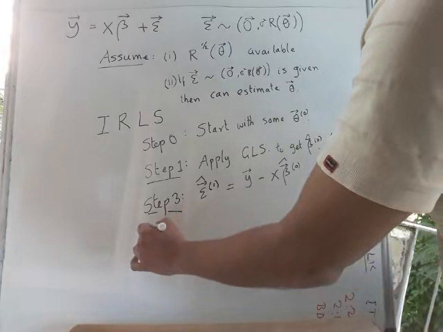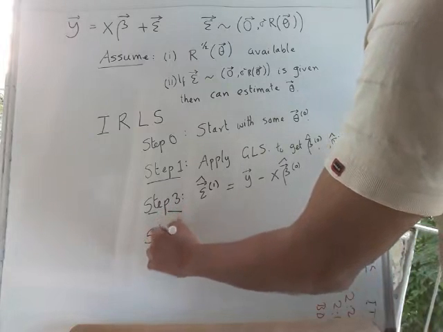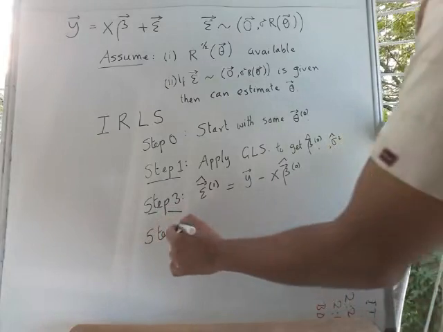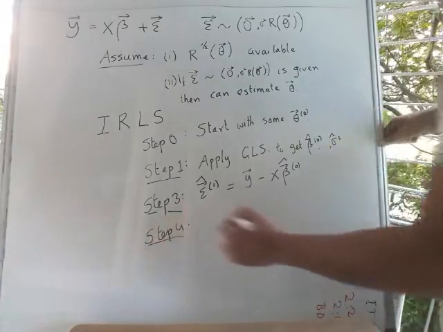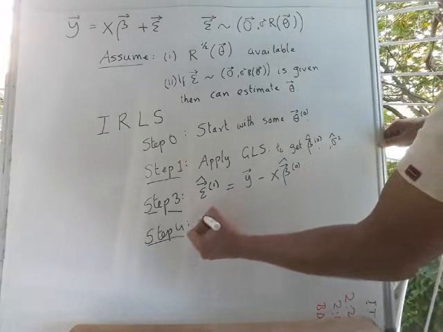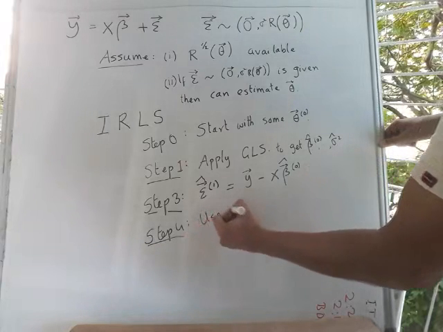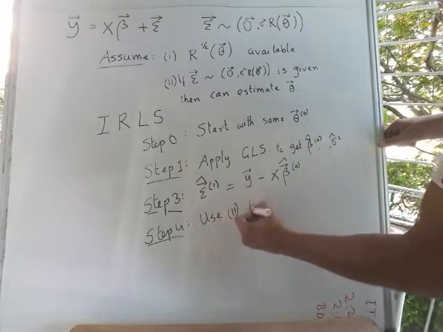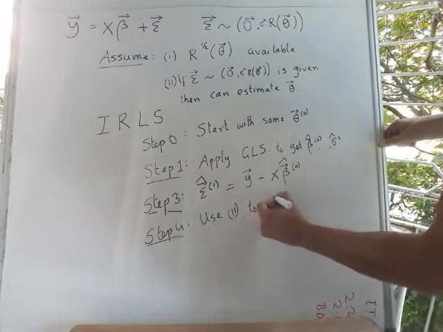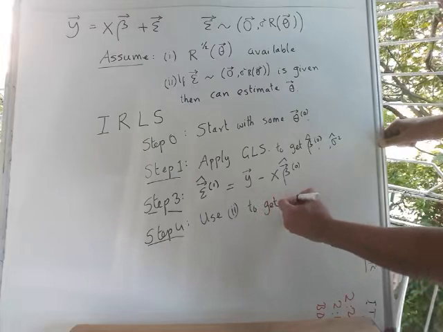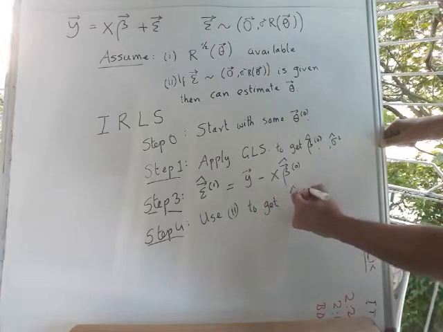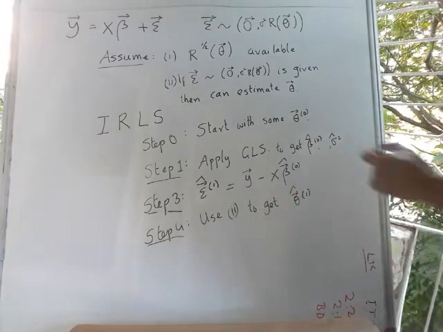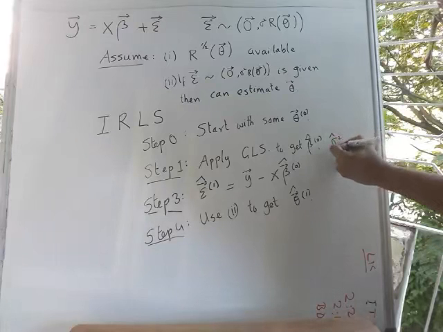So now you go into step 4, where you use step 2 to get theta hat, the next one, theta hat 1.